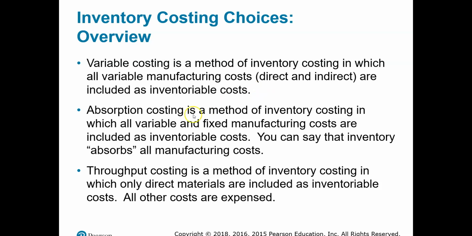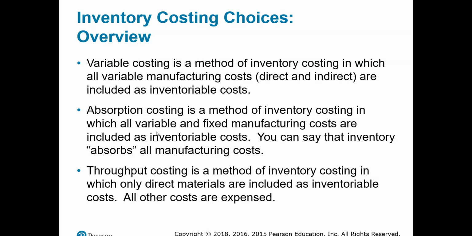Absorption costing, on the other hand, is a method of inventory costing in which all manufacturing costs are included as inventoriable costs. So all manufacturing costs, direct materials, direct labor, variable manufacturing overhead, and fixed manufacturing overhead, will all end up on the balance sheet as inventoriable costs and then be expensed as cost of goods sold as we sell each additional unit.